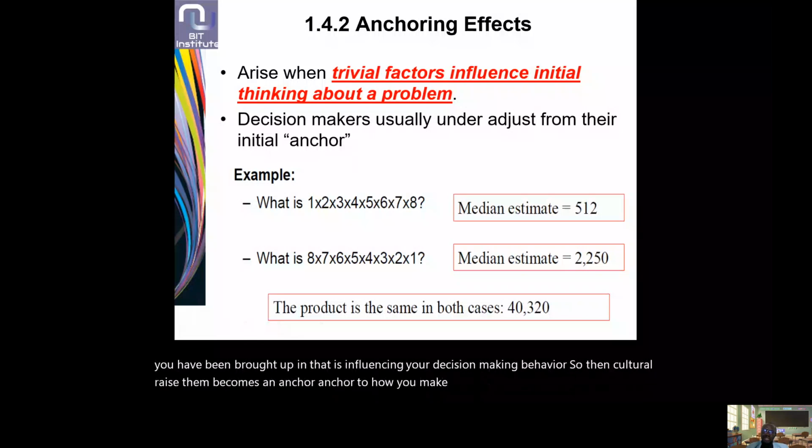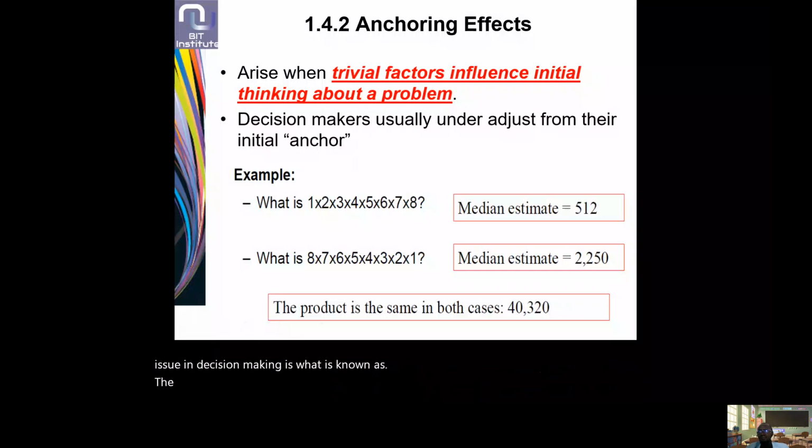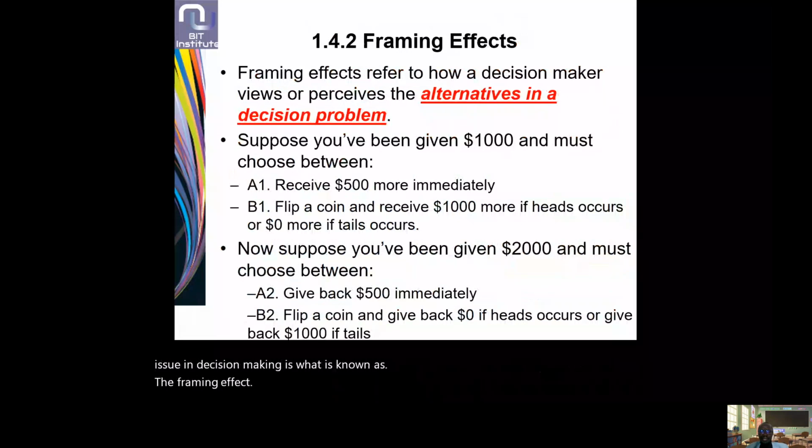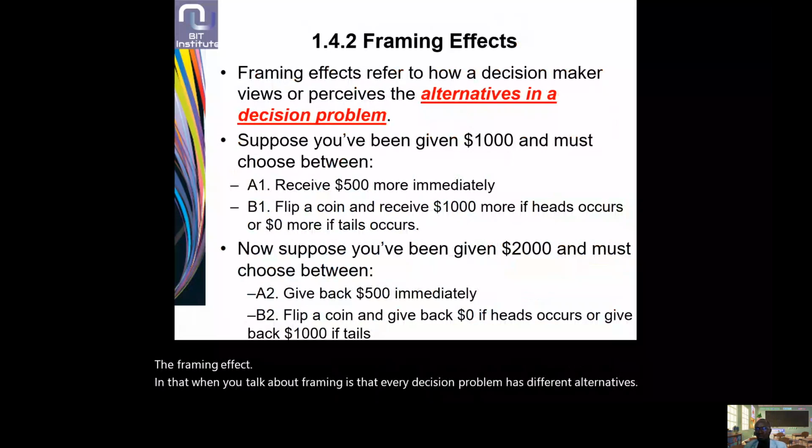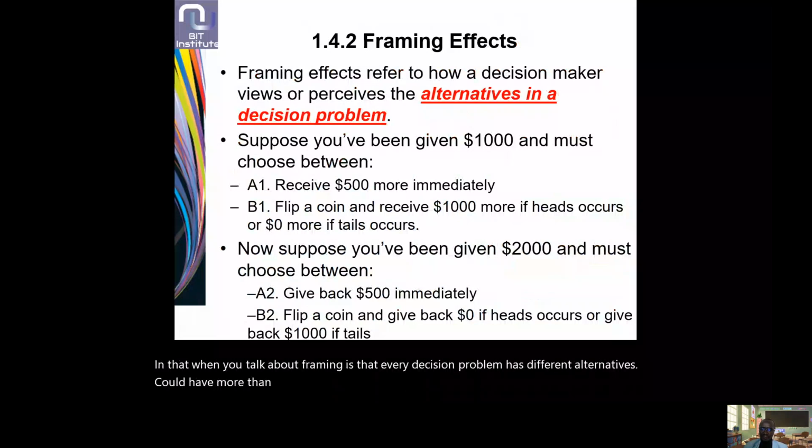The second psychological issue in decision-making is what is known as the framing effect. When you talk about framing, every decision problem has different alternatives, could have more than one alternative. And obviously, decision makers denote their preference for particular alternatives.